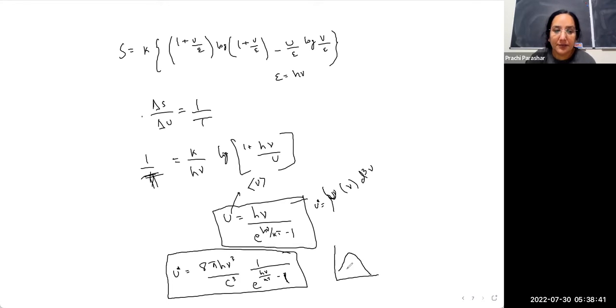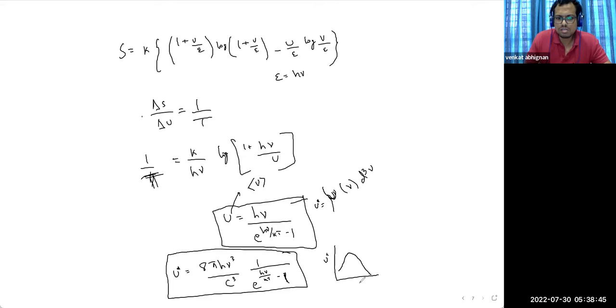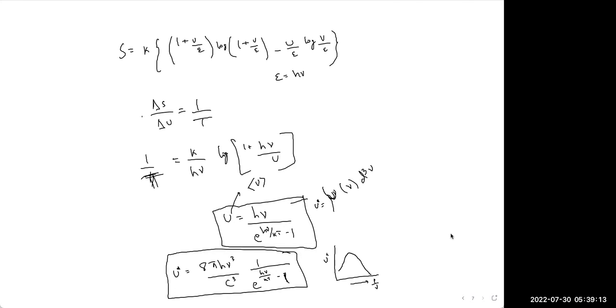Now this will be U star and this will be 1 by mu. This is good, I suppose.